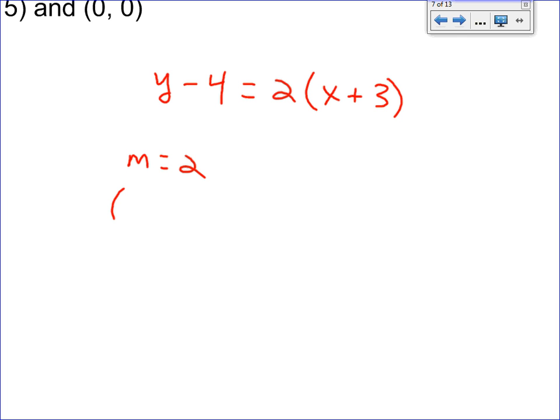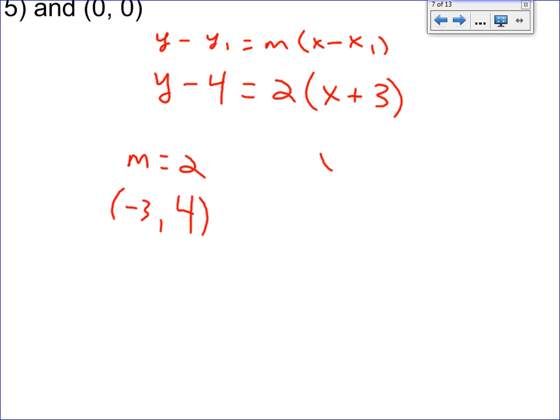I also know one of the coordinates. Remember that this is y minus y1 equals m times x minus x1. So since it's y minus y1, and we have a y minus 4, positive 4 must be our y value. And on this side, since it's x minus x1, but we have a plus, then our x value must be a negative 3.